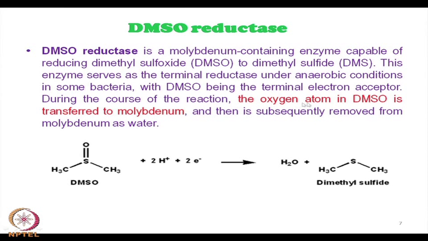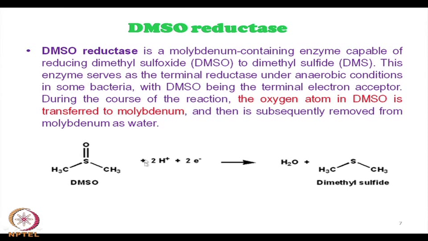During the course of the reaction, the oxygen atom in DMSO is transferred to molybdenum. That is the basic idea: how you transfer oxygen from DMSO to the molybdenum center. That molybdenum center should not be in the oxo or dioxo form.